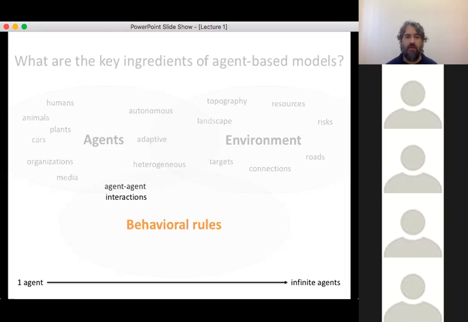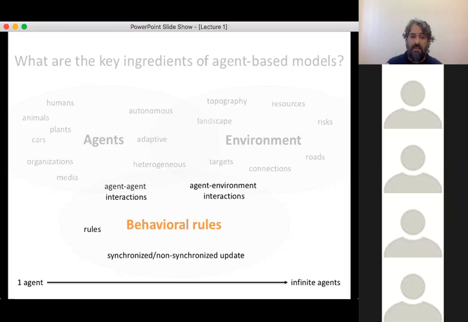So what are these interaction rules? As I said, there can be interactions between agents, so agent-to-agent interactions, and there can be agent-environment interactions. And of course, these rules can be either synchronized or non-synchronized in their update. What does it mean? Synchronized means that in each time step of your simulation, all agents get updated together.